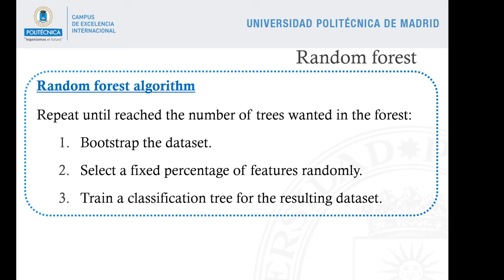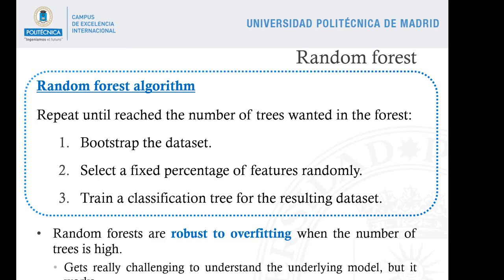In this case, we might have some trees which are very bad, but it's not important because all the other trees which are good will compensate the trees that are bad. Then we have to train a decision tree for the resulting dataset.